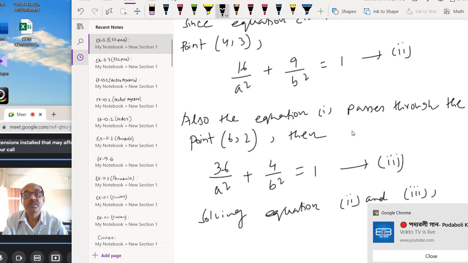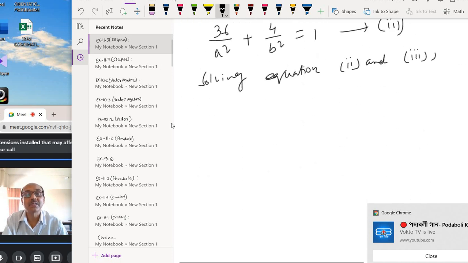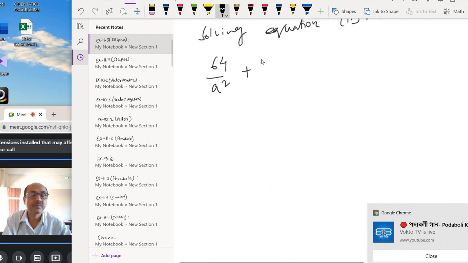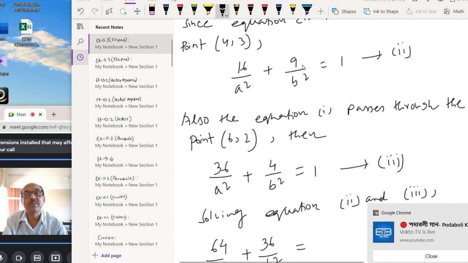Then equation 2 by 4, so 4 into 16, 64, 64 by a square plus 4 into 9, 36, 36 by b square equal to 1 into 4 equal to 4.